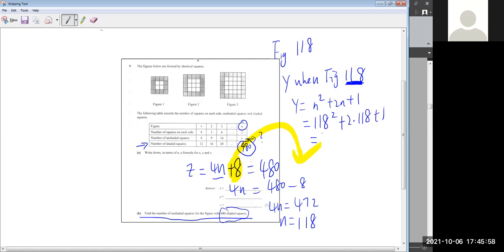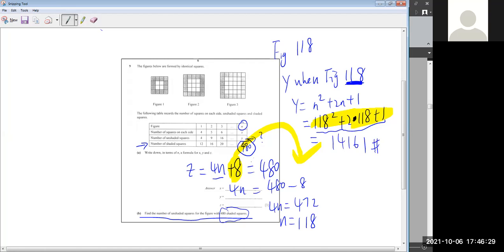Over here, you can use calculator. Can you help me out? What's the answer here? This is 118 square plus 2 times 118 plus 1. Can you help me out using a calculator? 14161. 14161.